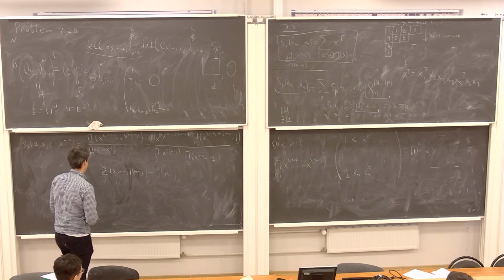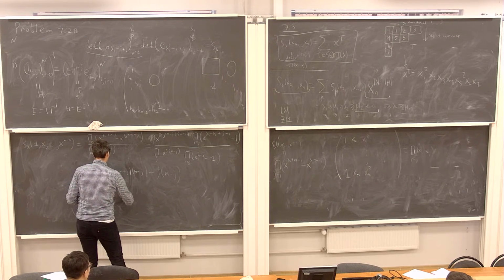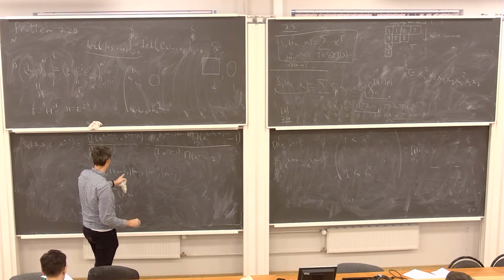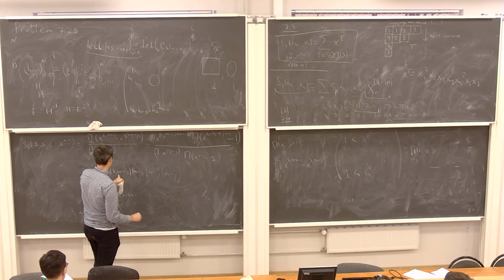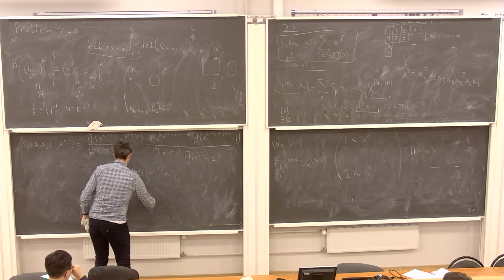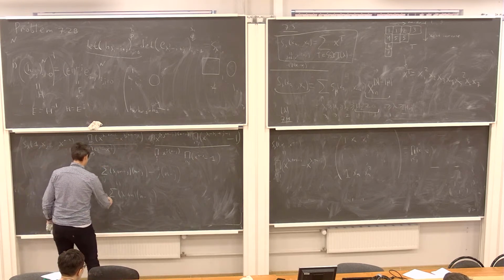Sum of lambda j plus n times n minus j over all j.